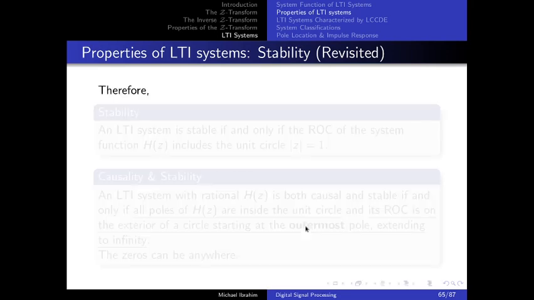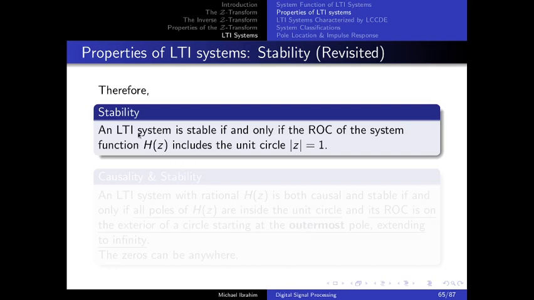Okay. Therefore, an LTI system is stable if and only if the region of convergence of the function H of z includes the unit circle. And we have already made this observation in a few examples we have solved previously, but now we have done it in detailed mathematical steps.